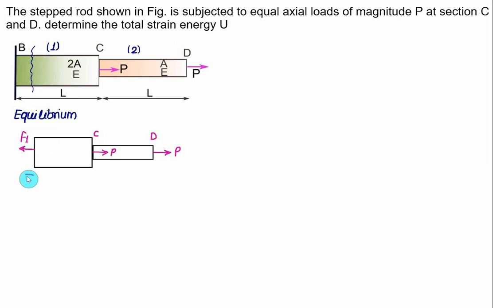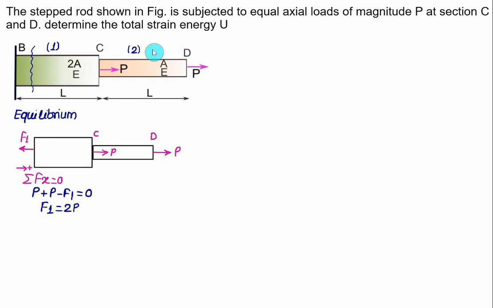So if we apply sigma Fx equal to 0, with the rightward force positive, we have P positive, this P is also positive, minus F1 equal to 0. So the force in member 1 will be equal to 2 times P.